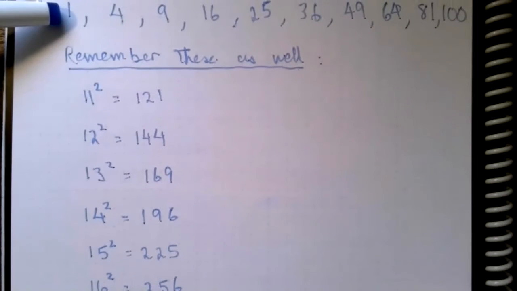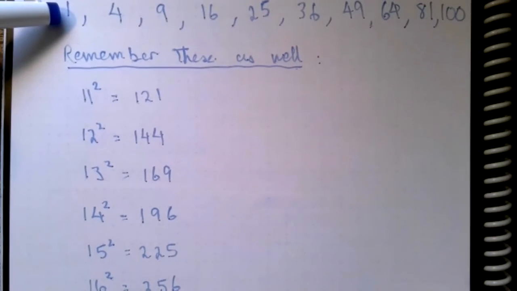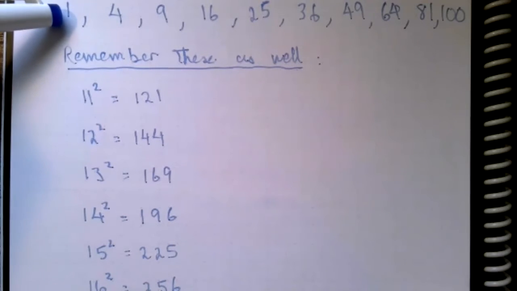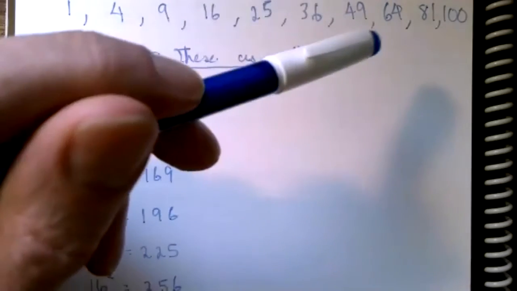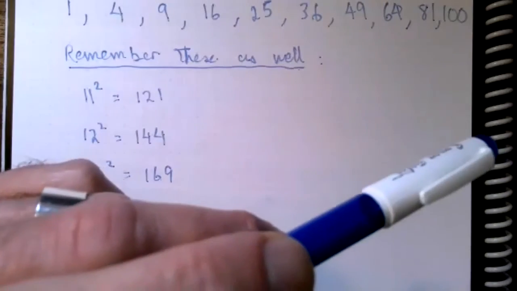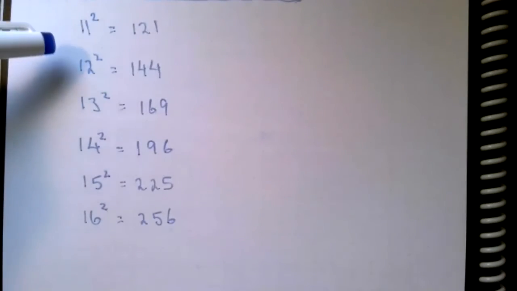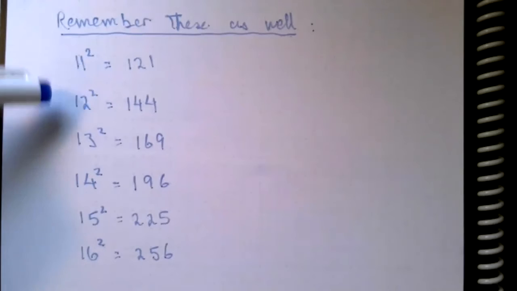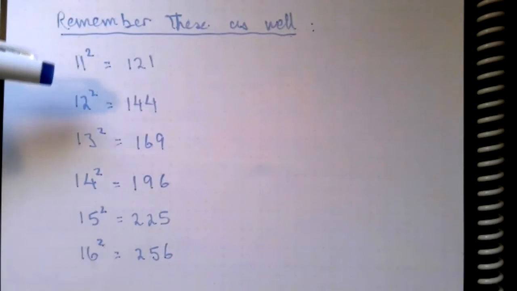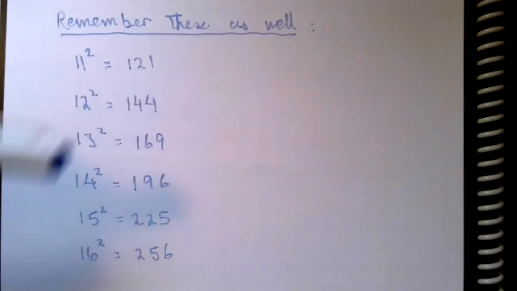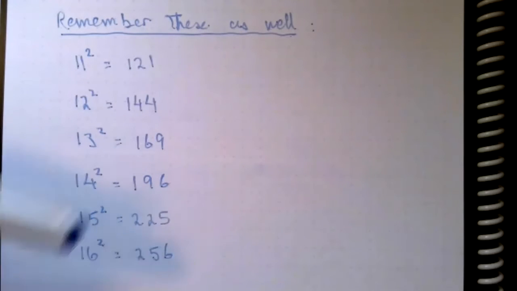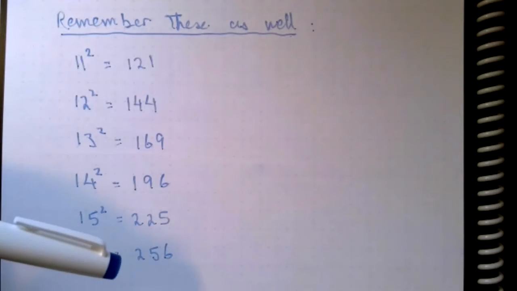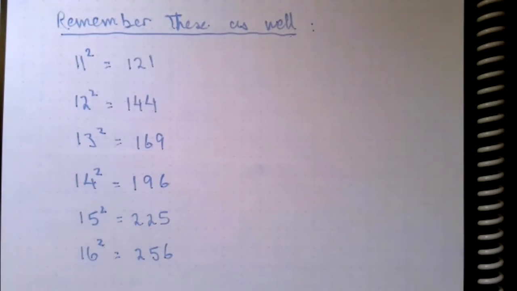So these down here, you probably know already. If you don't, just make sure you commit them to your memory as the squares are 1, 4, 9, 16, 25, 36, 49, 64, 81, and 100. Add these to your arsenal as well: 11 squared, 121, 12 squared, 144, 13 squared, 169, 14 squared, 196, 15 squared, 225, 16 squared, 256.